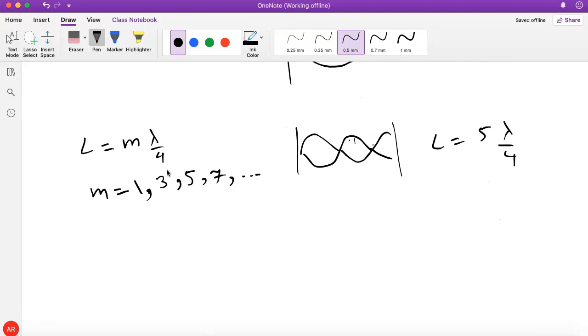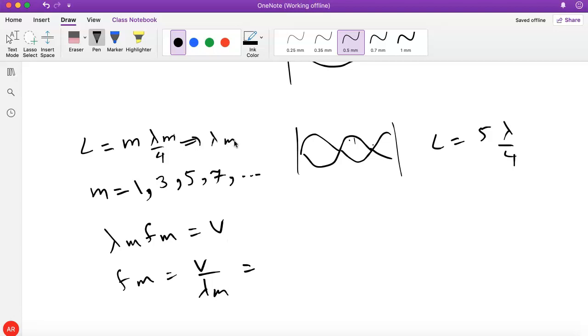Let's call this lambda M, right? It depends on this mode number. And again, for the frequency, we know that lambda M times Fm is V. So Fm is V over lambda M. So lambda M is 4L over M, right?